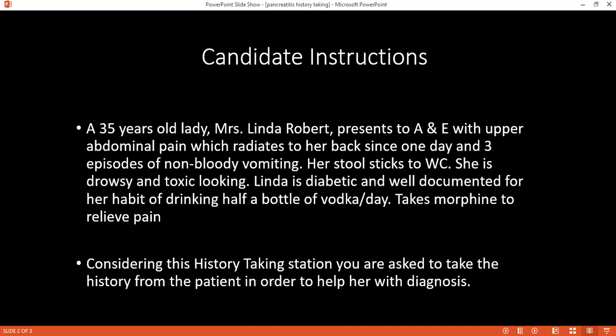First of all, baseline full blood count, LFTs, urea and electrolytes, amylase, lipase, ultrasound abdomen, and cardiac markers to rule out MI, ECG, and echocardiogram.